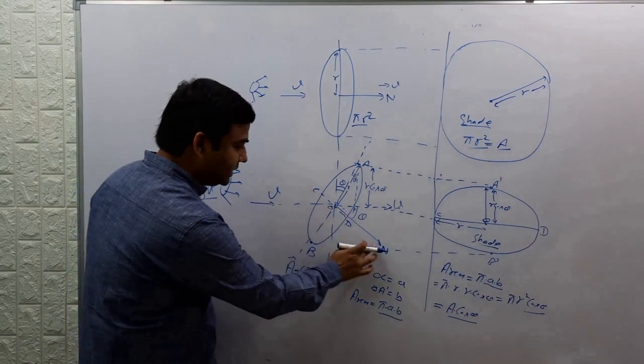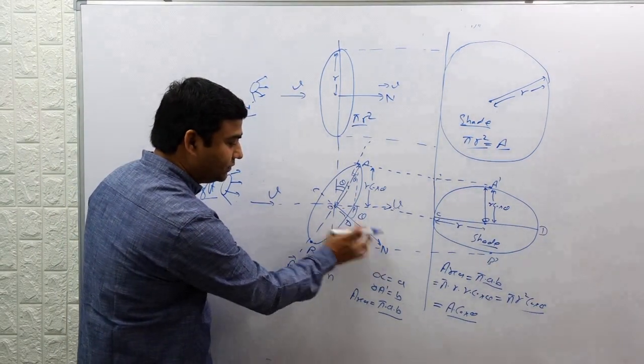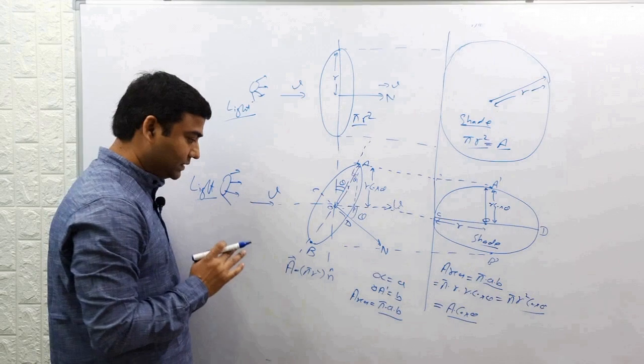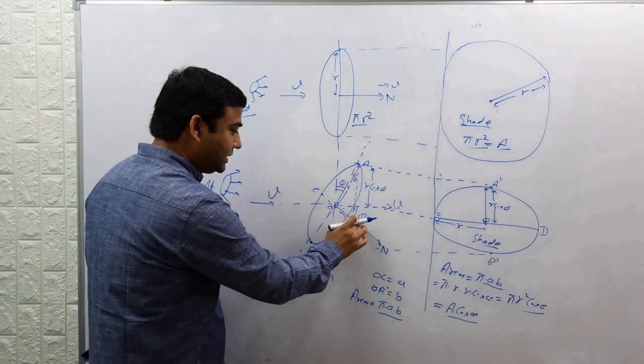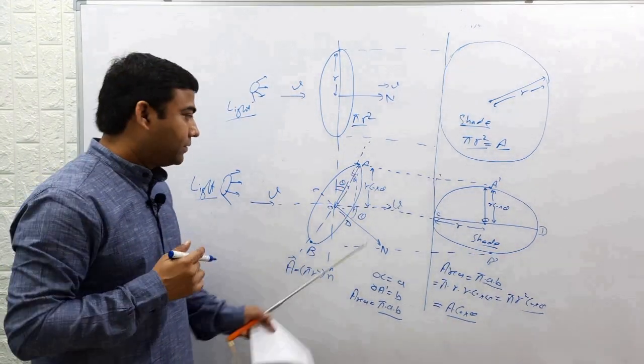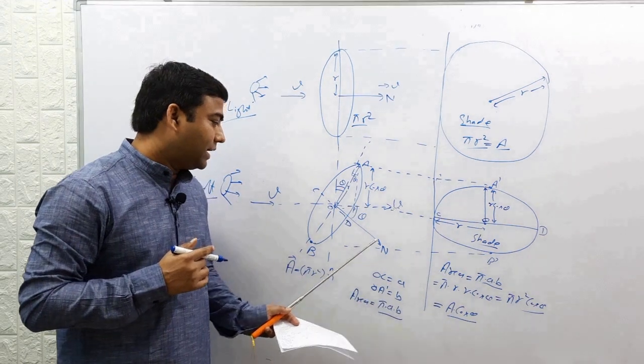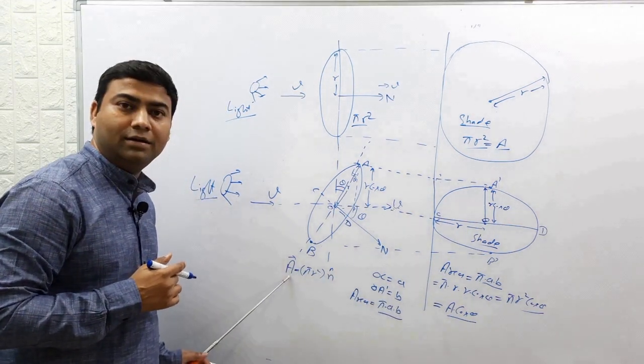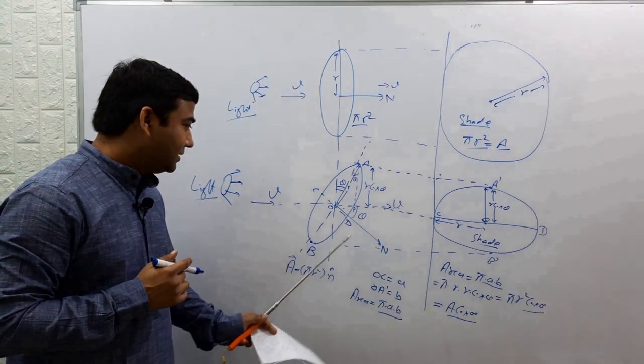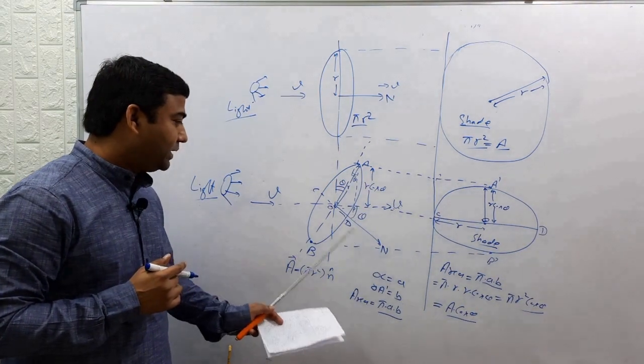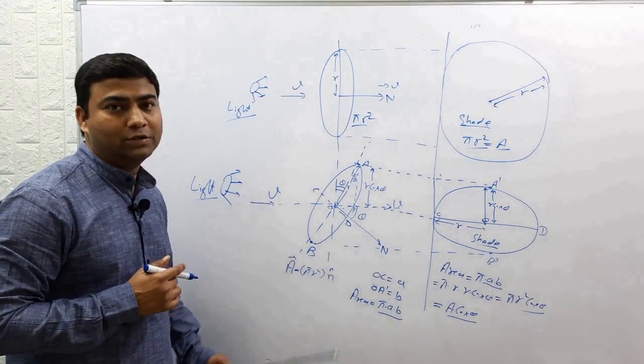So n will always have direction along this n which is perpendicular to this surface. So we can also say theta is the angle between vector V and vector area, or vector V and the perpendicular to the surface.